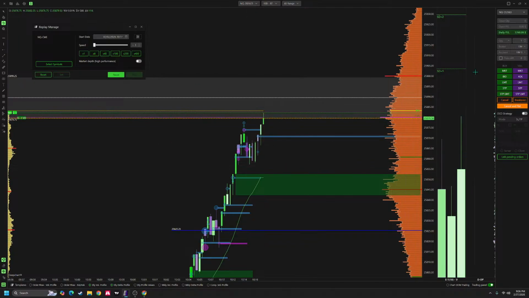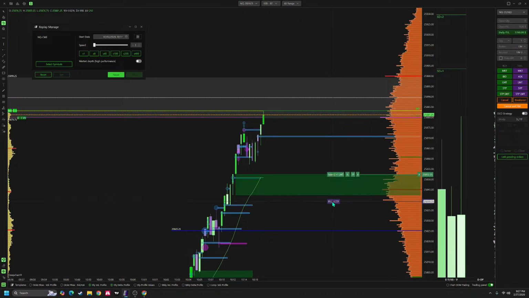What I would do is if this zone stays valid, I might take a long from here with our stop loss, just real tight on this one, maybe behind that little volume shelf, and just go for something like that.